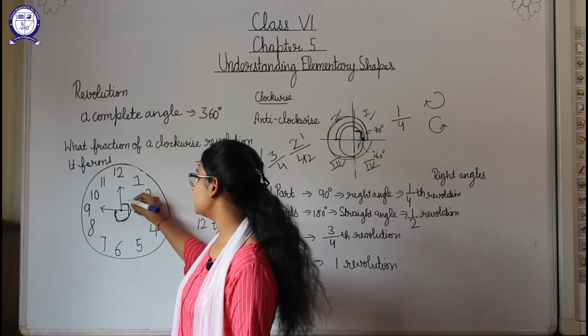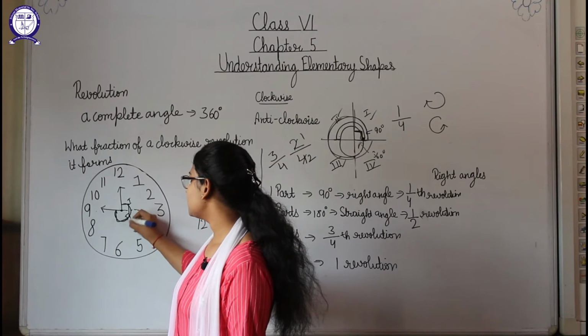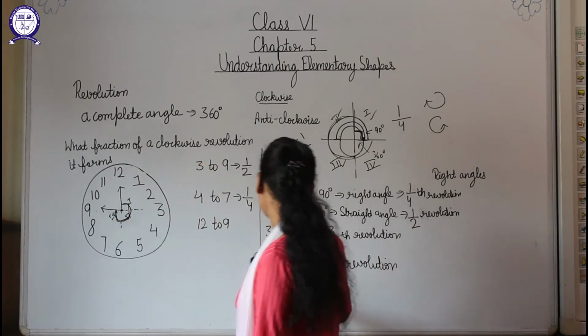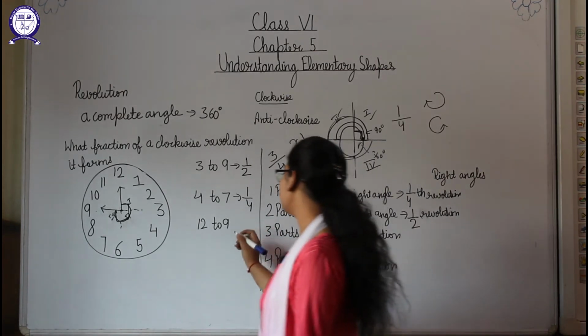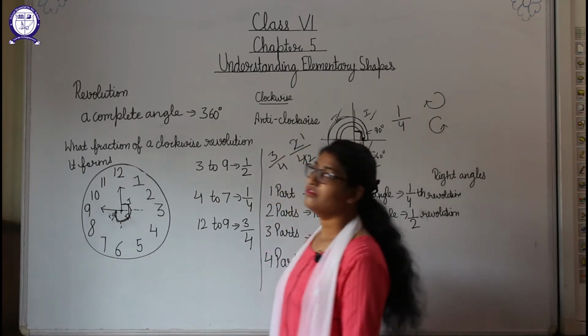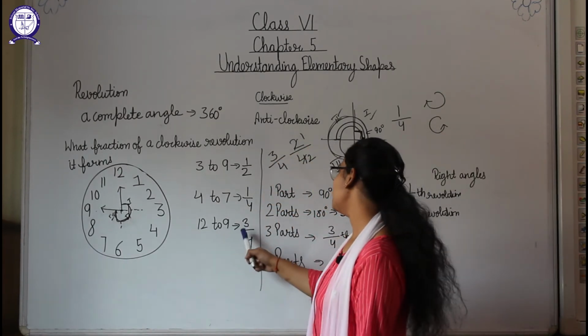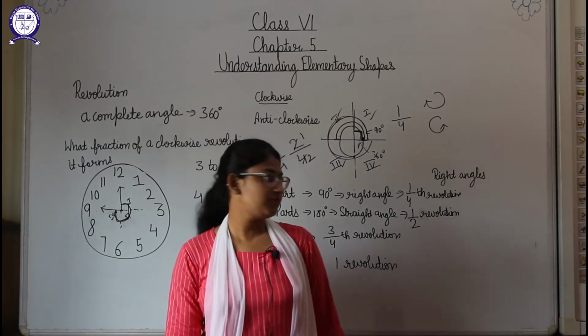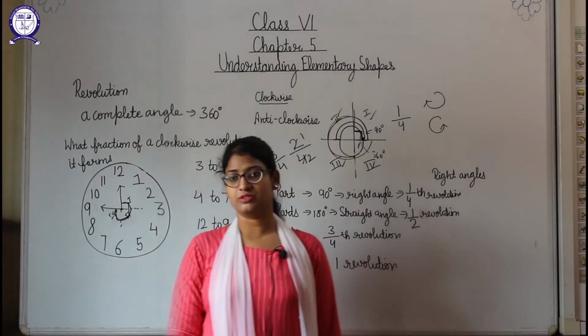Suppose if I draw like this, then this is the first part, this one is second, and this one is third. It means it is covering 3 parts here, and 3 parts means 3/4 of the revolution. So when the hour hand moves from 12 to 9, it covers 3/4 of the revolution. So that's for the clockwise questions.